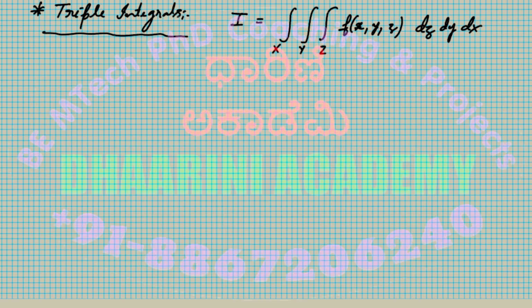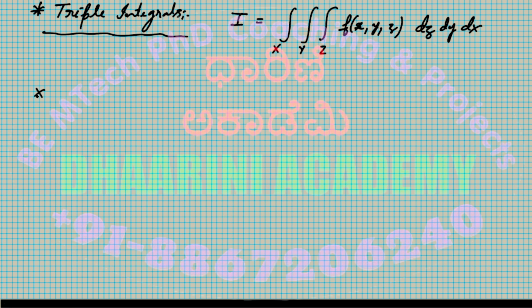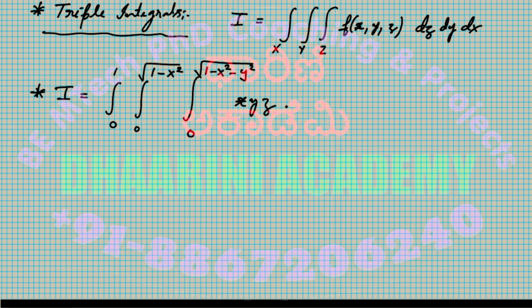All right. So the first one, I is equal to integral 0 to 1, integral 0 to root of 1 minus x square, integral 0 to root of 1 minus x square minus y square, x, y, z, dz, dy, dx.